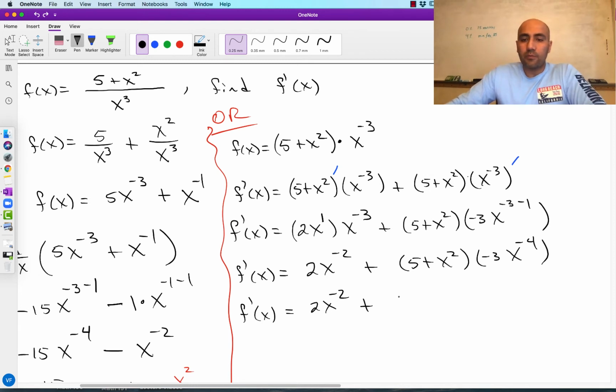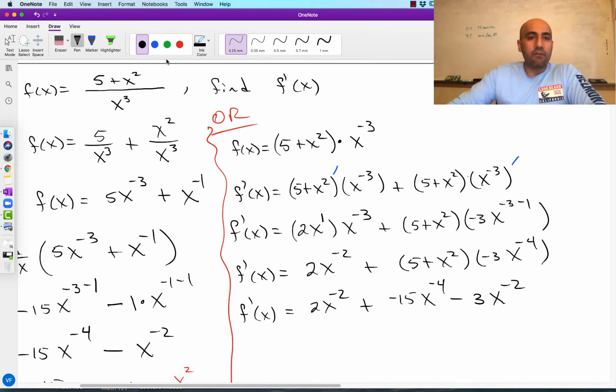When we distribute, we end up with a minus 15, minus 15 x to the negative 4 power minus 3 x to the minus 2 power. Right? We add these exponents. Positive 2 plus negative 4 gives me a negative 2.